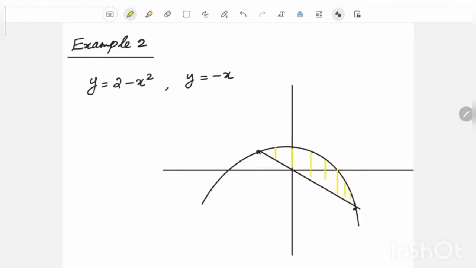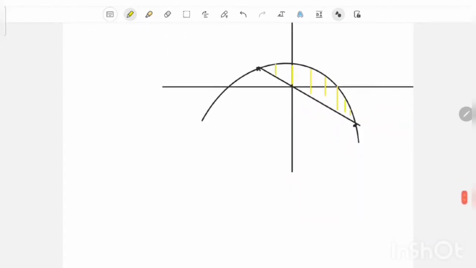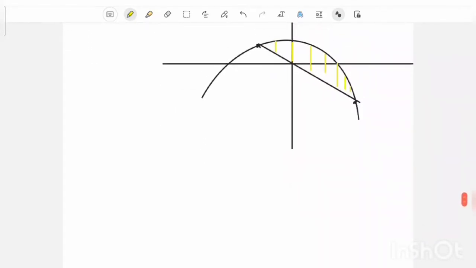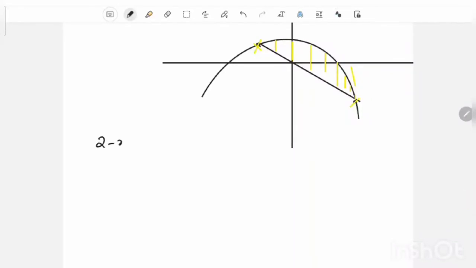Now we have to find the points of intersection of these two curves. So we need to find this point and this point. So we equate the two functions, and we have 2 minus x square equals minus x, or x square minus x minus 2 equals 0.